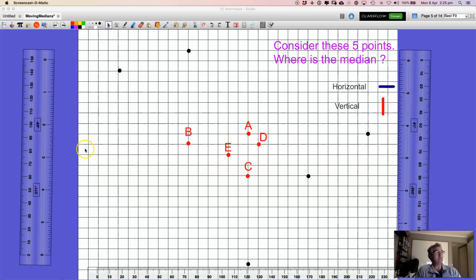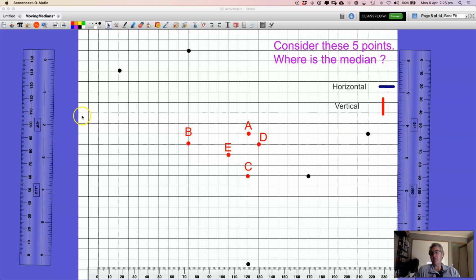Now, see whether you can find the median of these 5 points. Again, going horizontally, well, actually, I'll give you a chance to think about it. Which point is it? A, B, C, D, or E?